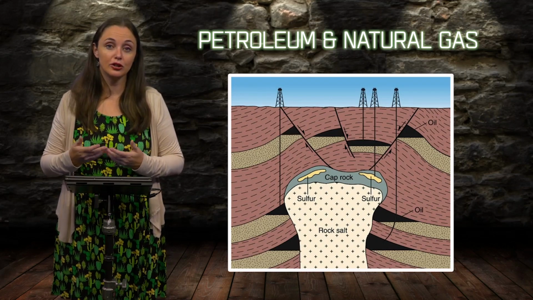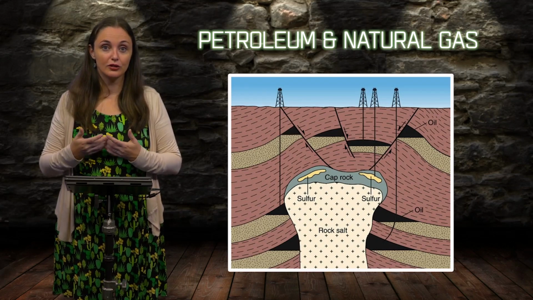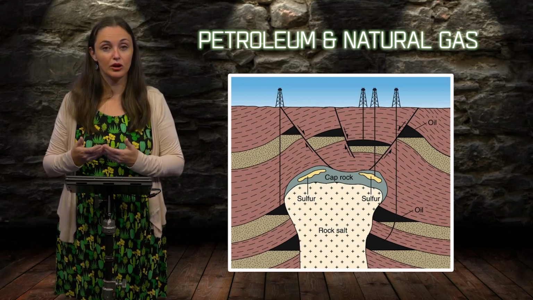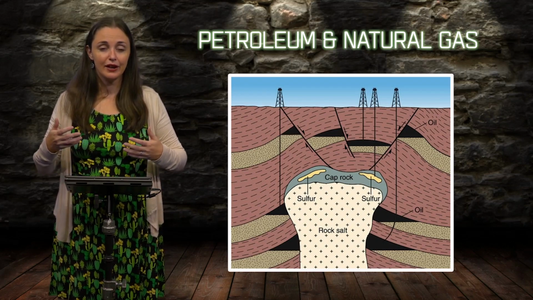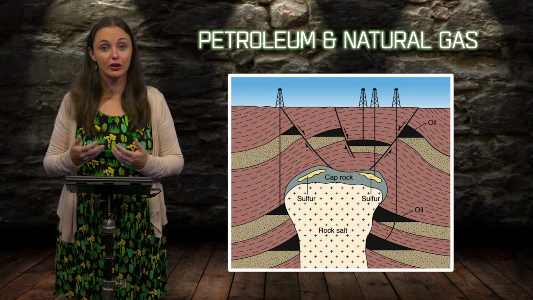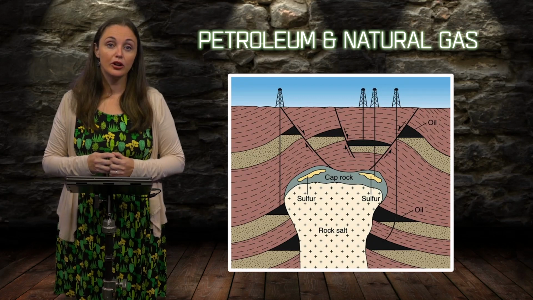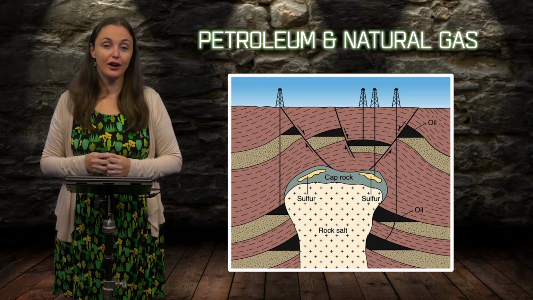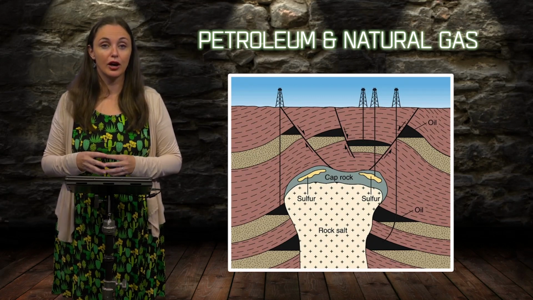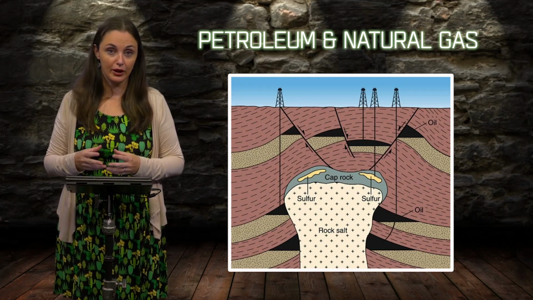And the oil industry knows this. They know that these salt domes are excellent traps for oil and gas, and so they can extract large quantities of the oil and gas from around those salt domes. So the Gulf of Mexico is just one of the really important oil fields in North America.